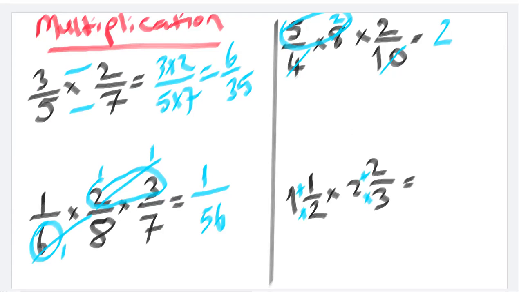To do it, we multiply the whole part by the denominator and add the numerator. So 1 times 2, 2 plus 1, 3 over 2, times 2 times 3, 6 plus 2, 8 over 3. And here 3 is cancelled, so we are left with 8 over 2. If we simplify, it's just 4.